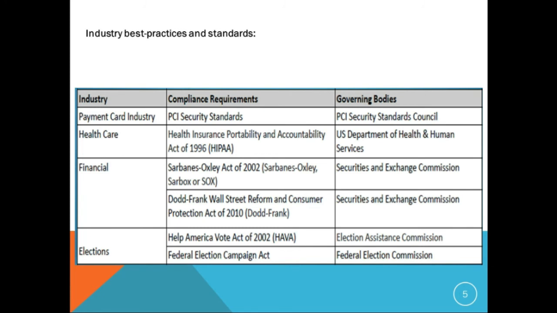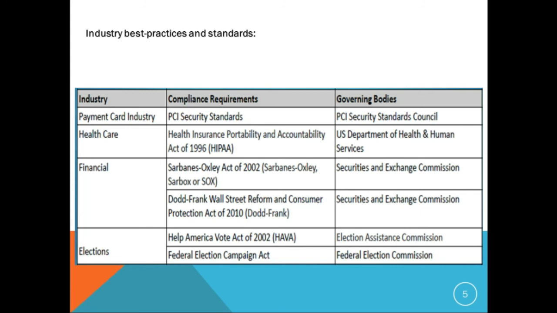So as I said, every industry which is dealing or existing needs to follow certain standards and some best practices. Many industries have compliance requirements, and if they are not meeting these requirements, they may undergo a penalty, monetary fines, some kind of criminal prosecutions, or maybe sanctions.